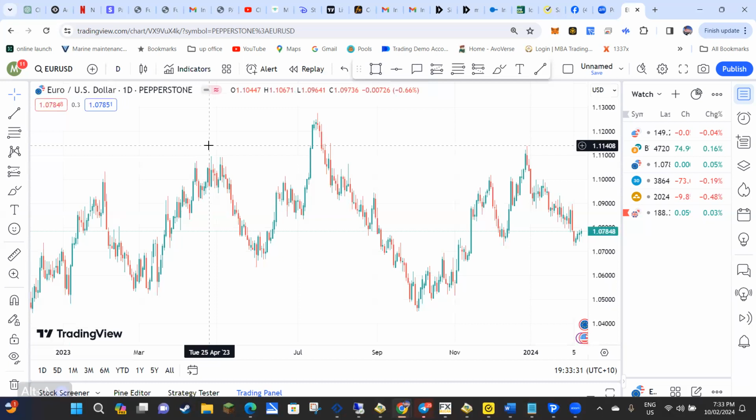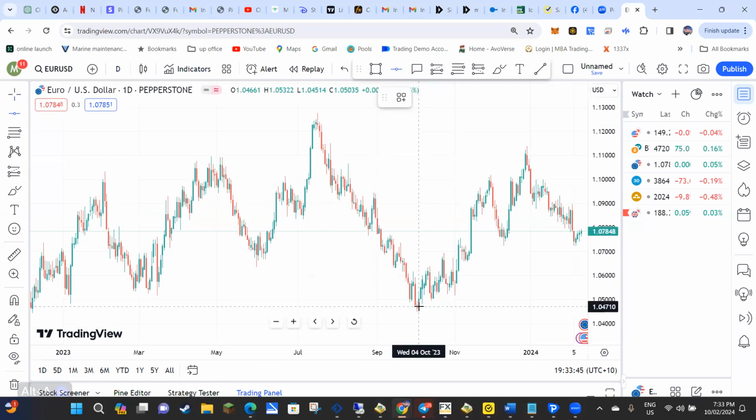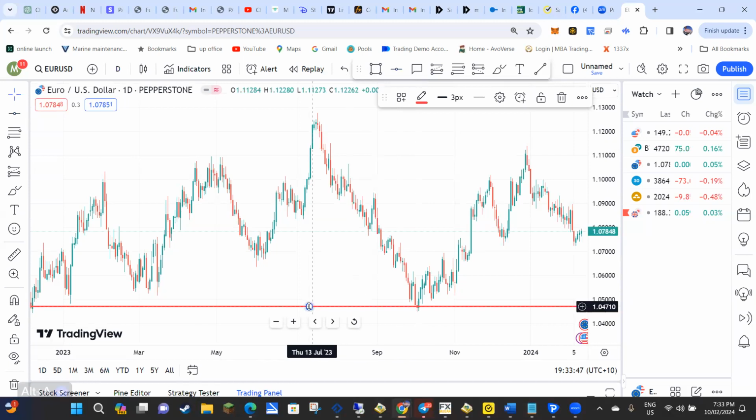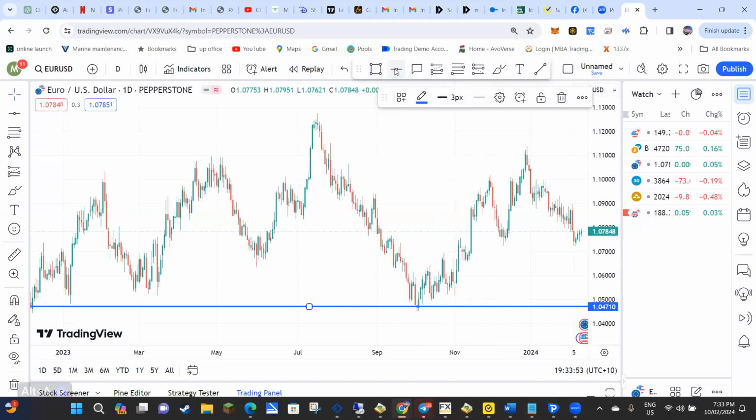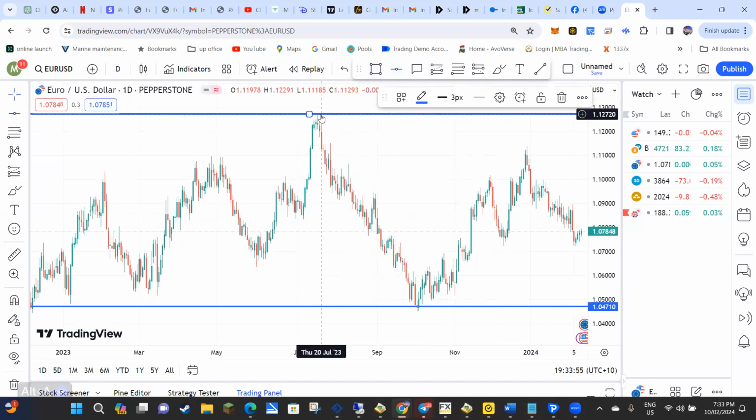We will do a lesson just on trading for you to understand all of these different technical analysis and drawing tools. But for now, I'm just going to draw a horizontal line on the chart. I'll make that one blue, and I'll draw another line up here, and we'll make that one red.